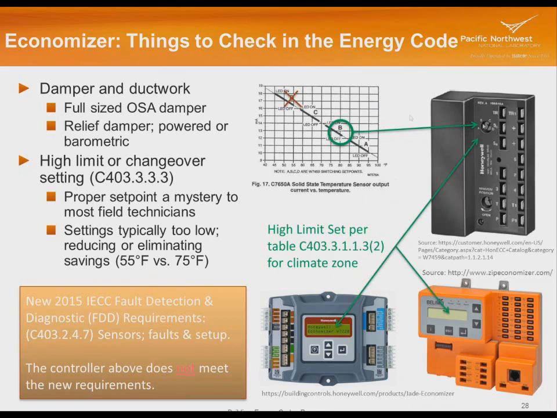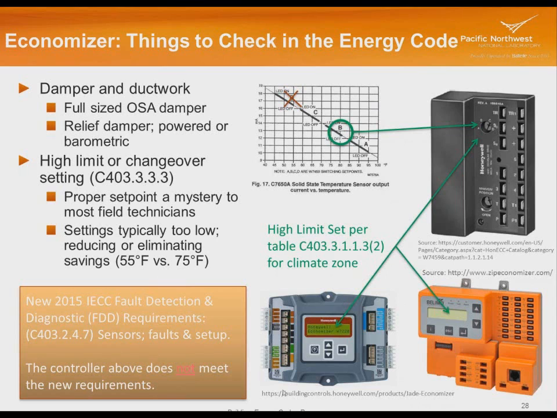Now that relates to the older units, which are still legal under 2012 IECC. You know, there's a little turn screw that could be set A, B, C, D. If it's set down at D, that is equivalent to that 55-degree setting. It really needs to be set up around B or C, somewhere in that range, to really achieve the savings.